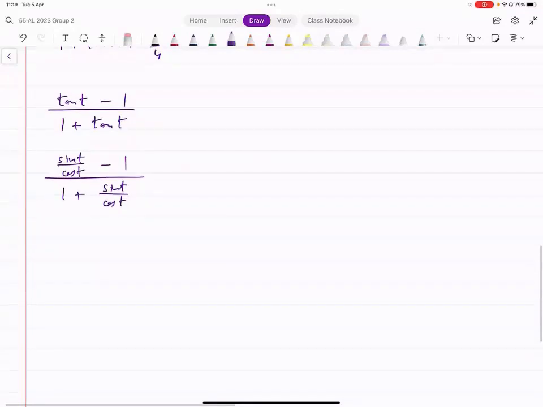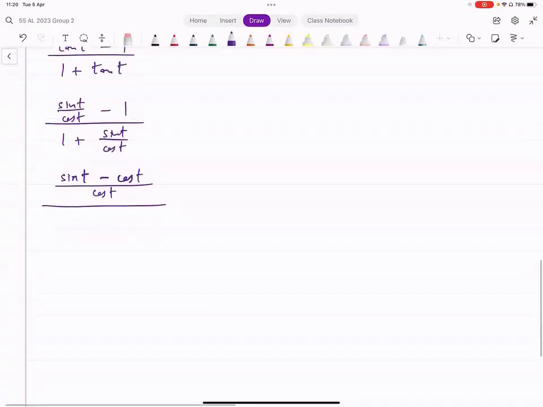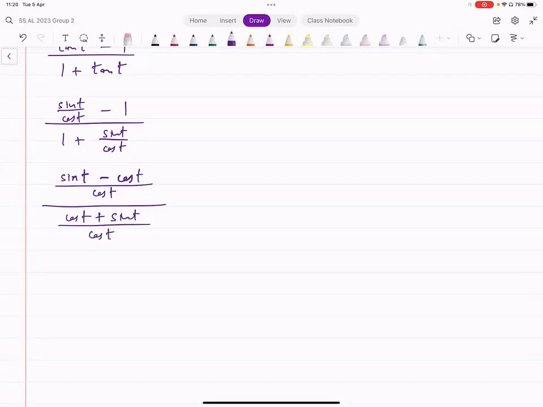And then if you take the LCM, it becomes sin t minus cos t divided by cos t, whole divided by cos t plus sin t divided by cos t. Is everyone okay with this? I have taken the LCM in the numerator. So this is the numerator and this is the denominator; I took the LCM in the numerator, and took the LCM of the denominator separately. We get this thing.